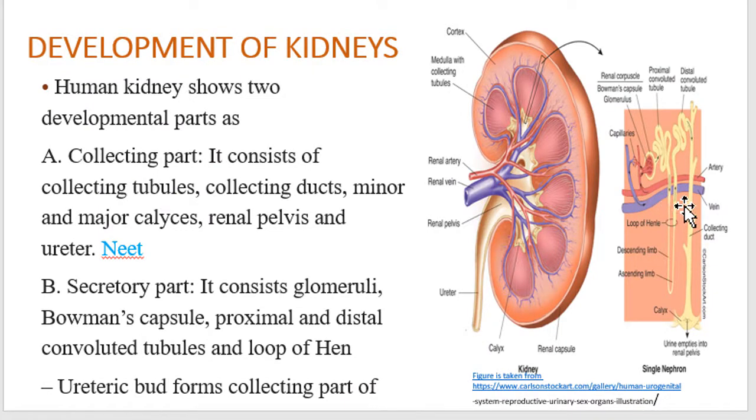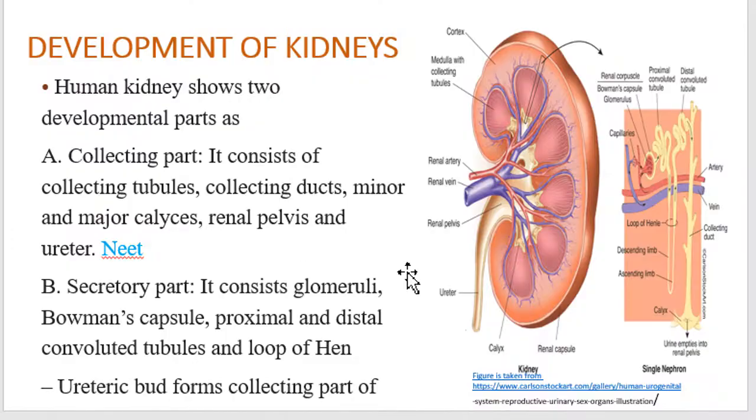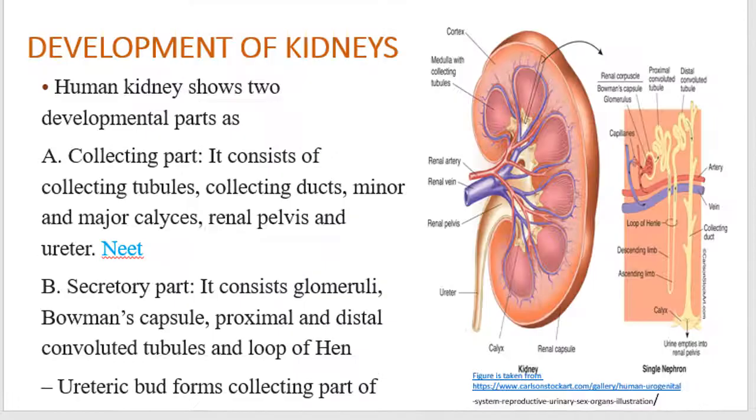Then the collecting tubules, collecting duct, minor calyces, major calyces and pelvis form the collecting part. So the kidney develops from two parts, the collecting part and the secretory part.